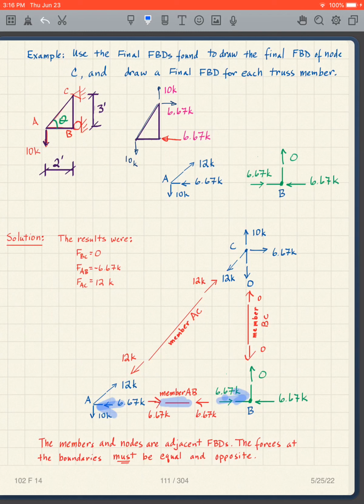It means I have to flip the arrow around and point toward it. So this is going toward at 6.67, toward at 6.67. So we have this in compression.